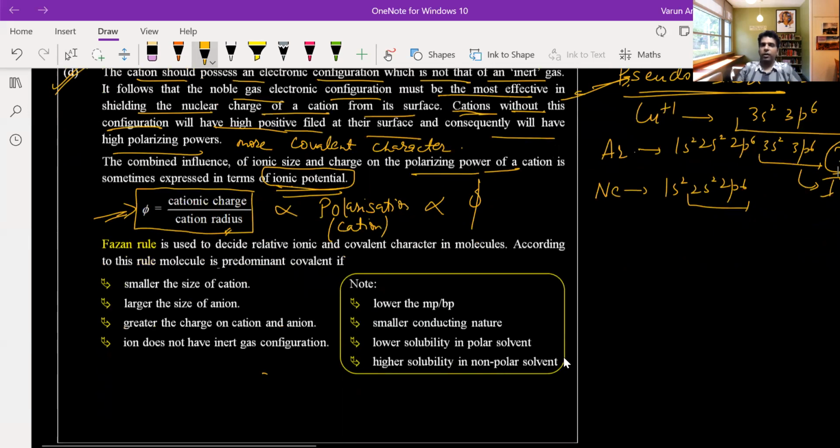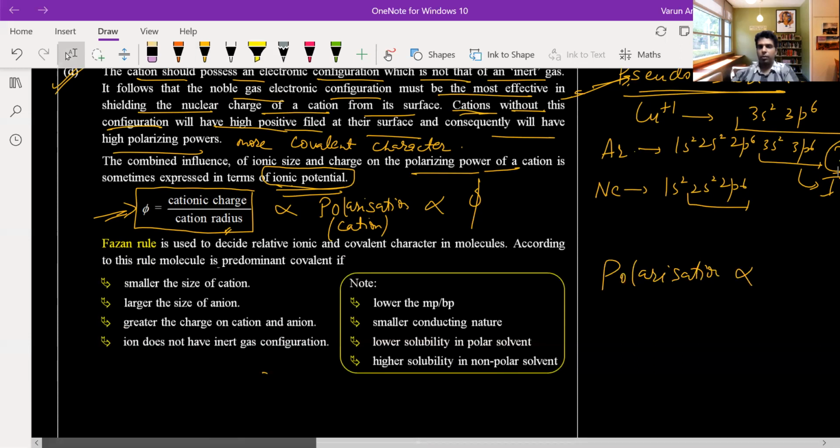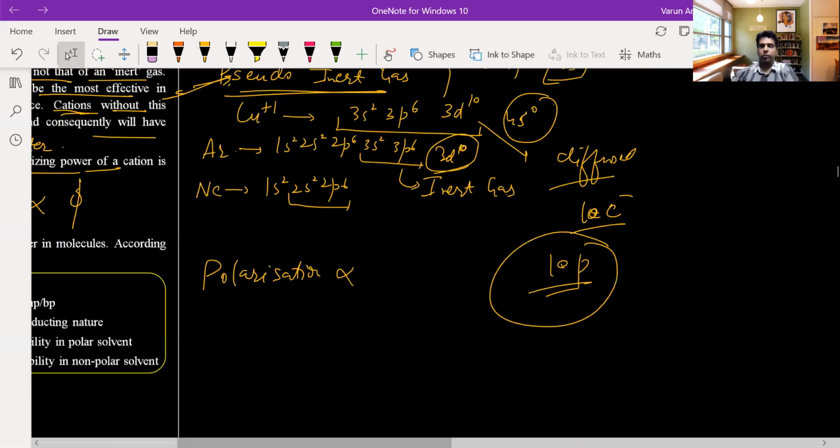So the fourth point you can write down: polarization is directly proportional to pseudo inert gas configuration.